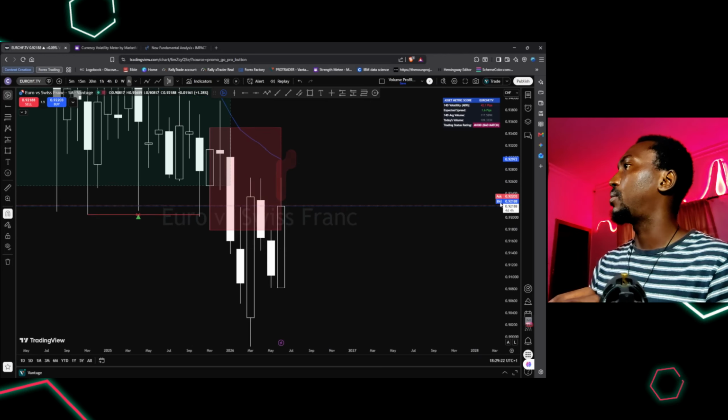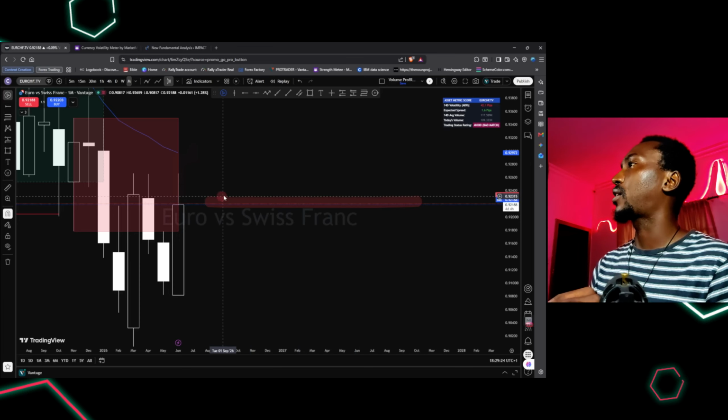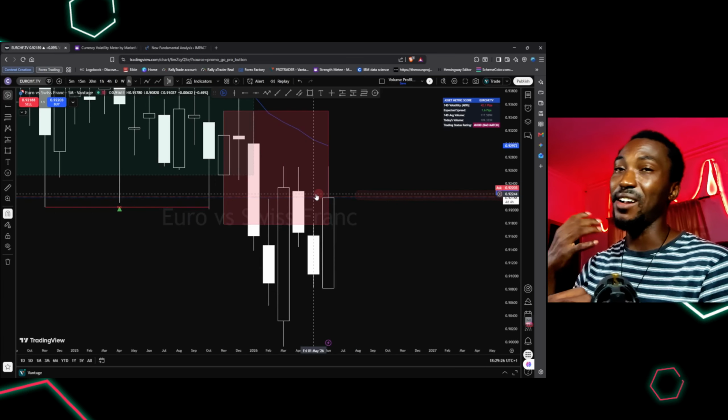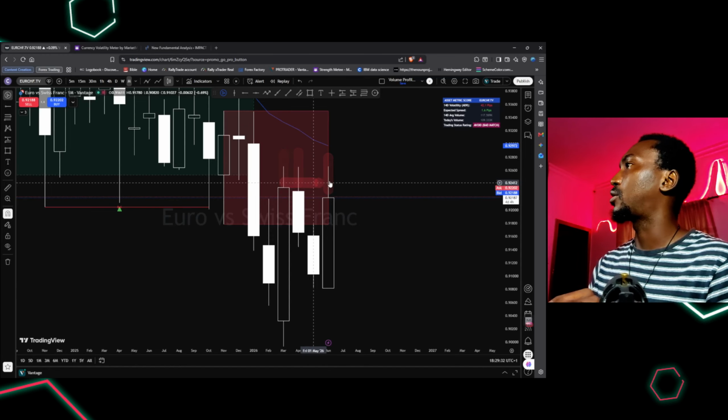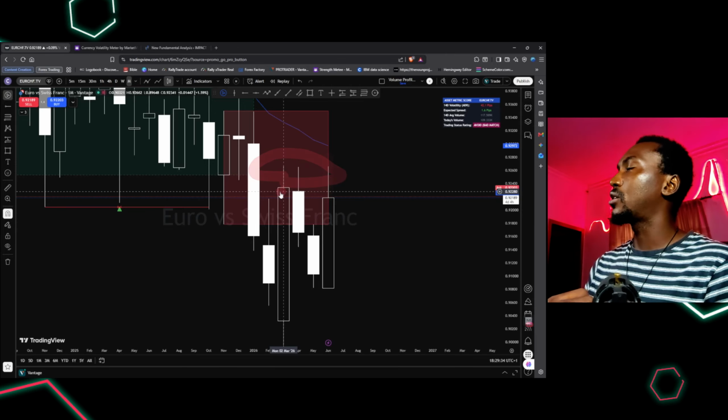But one last problem. Taking a look at these last sets of candles, as you know, the monthly candles are very, very powerful. We can see that we have wicks at the top every single time price has returned into the zone. So what does this mean?